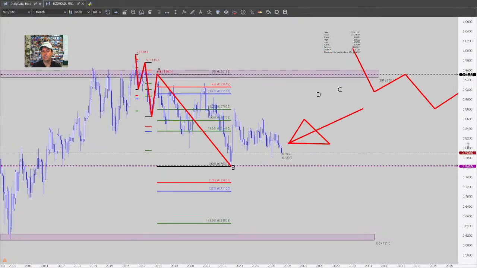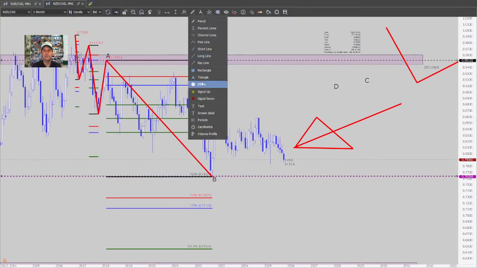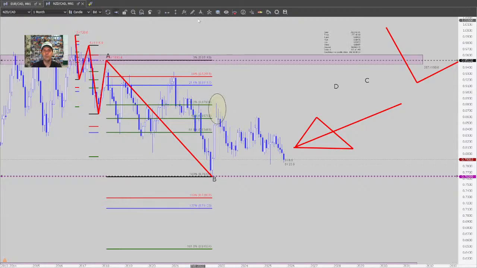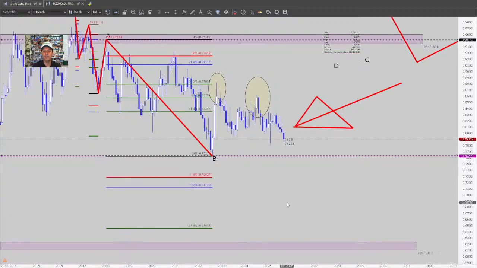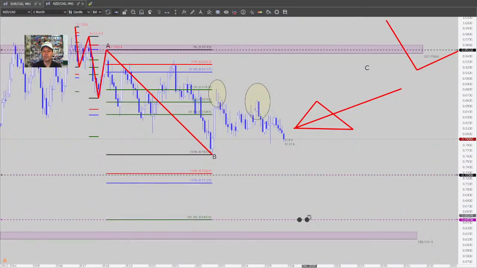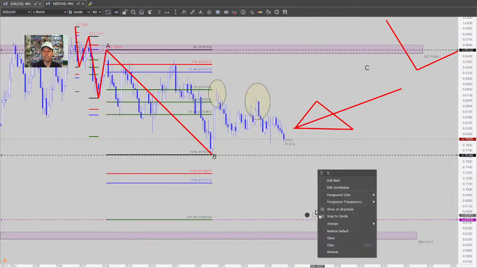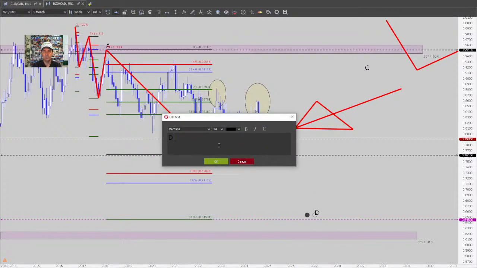Okay, in the meantime, everybody, which one is the C? Is the first circle the C, or is the second circle the C? Alright, now the D green goes to green, the projected D extension, of course, is down in here, right? This is the projected D extension.